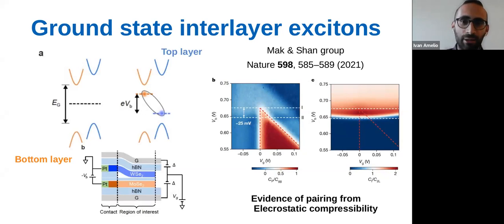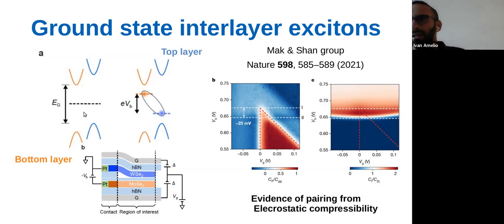So, ground state interlayer excitonic insulator is something that can be explained using this setup. We consider two layers of material, let's say upper layer and bottom layer. By the way, you see my mouse. Oh, great.